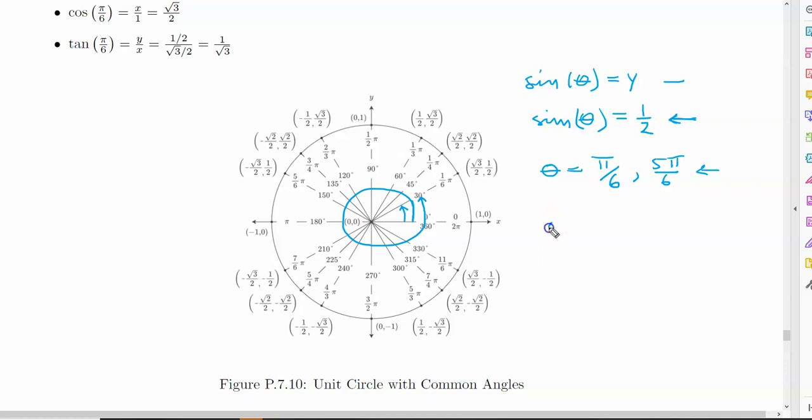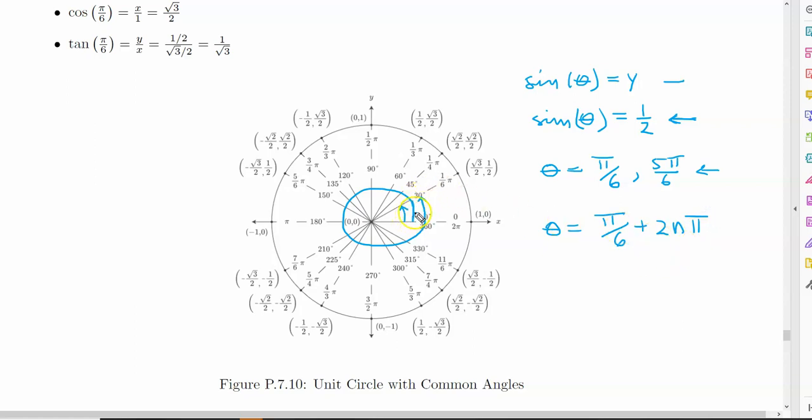So we see that the solutions to this problem in general are going to be pi over 6 plus all multiples of 2 pi. So pi over 6 plus 2n pi, where n is any integer.